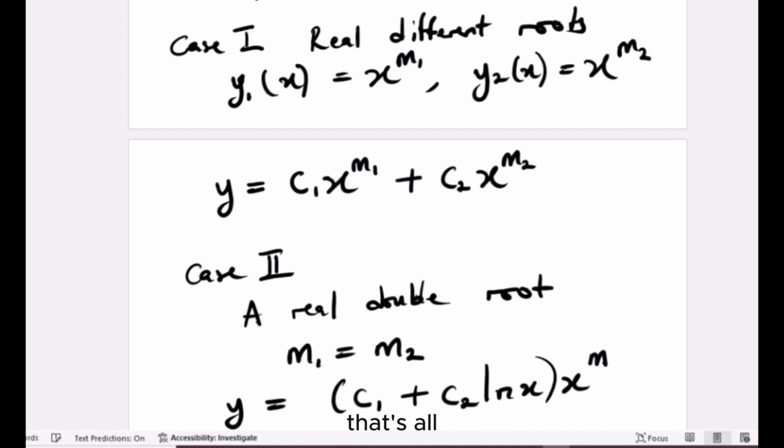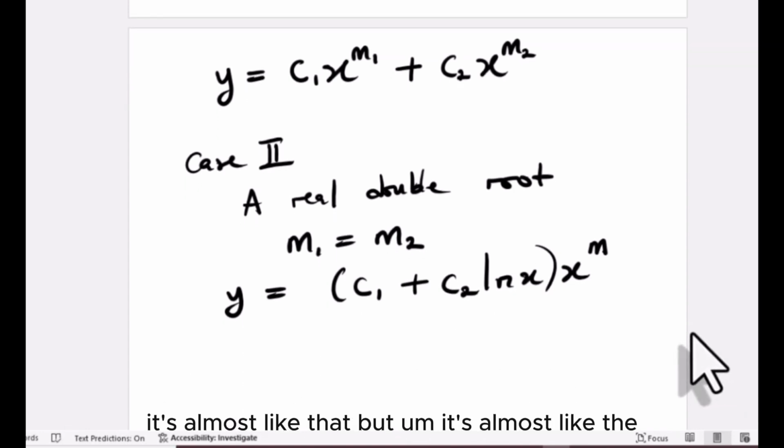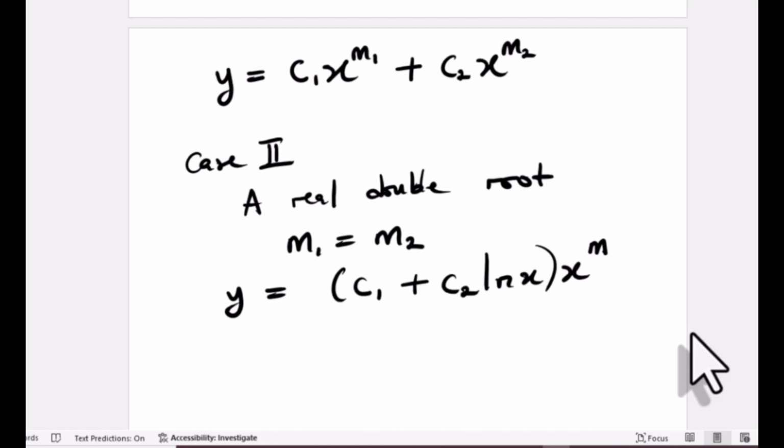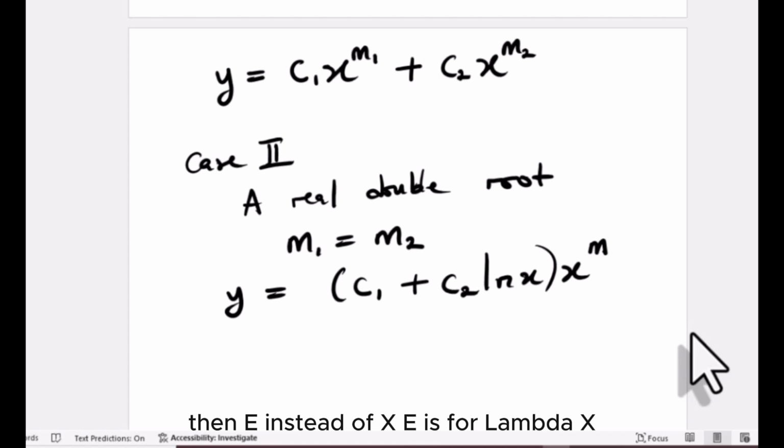Yeah, that's all. It's almost like the constant coefficient that we did earlier. But in that case, you only have c2 x, then e raised to power lambda x. But in this case, you have c2 ln x brackets x raised to power m. And that's for the case 1 and case 2.